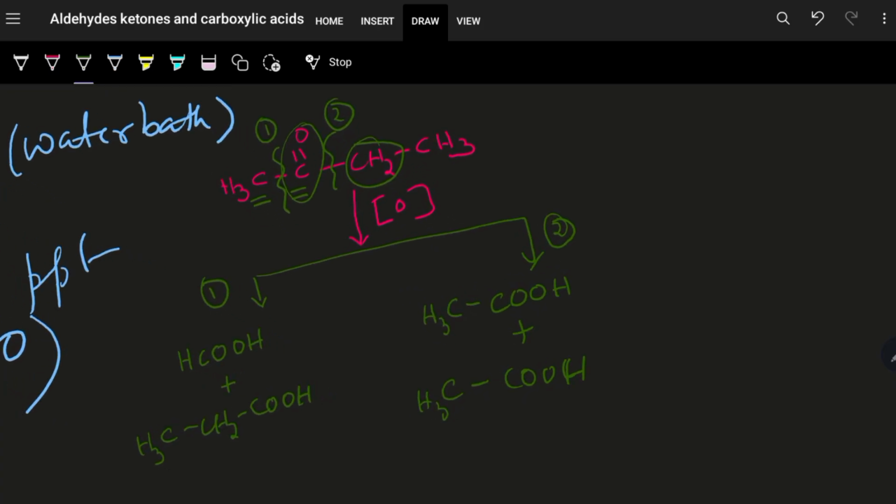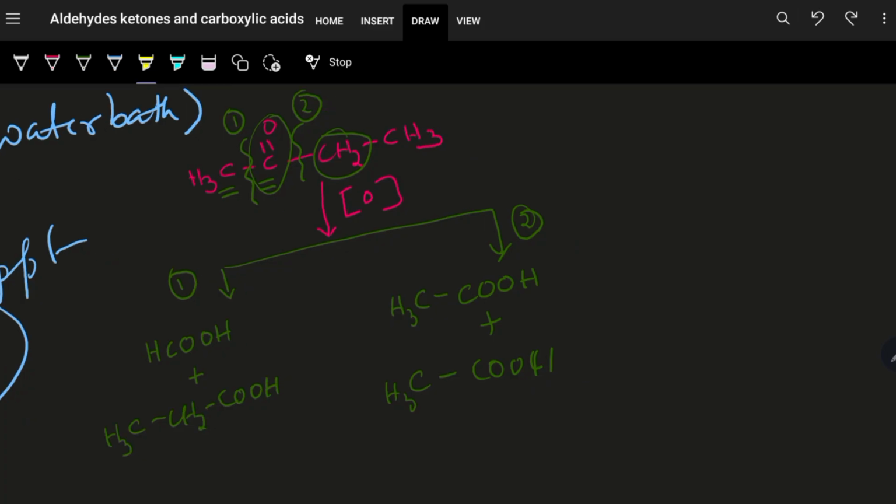Now which set is the major product? My less bulky group is CH3. So where this CH3 is remaining with C double bonded O like this, that will be my major set of product.